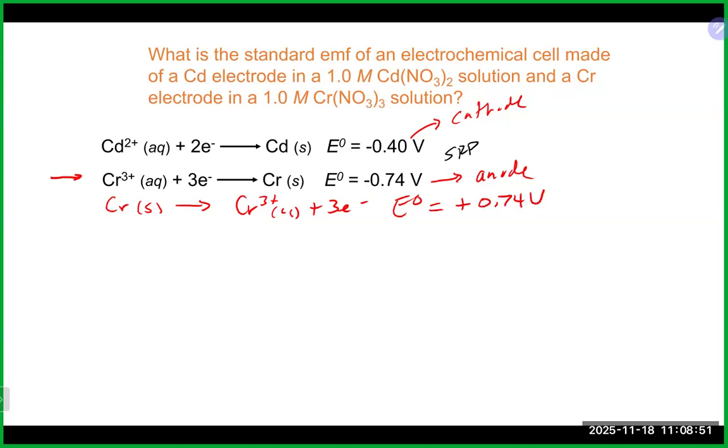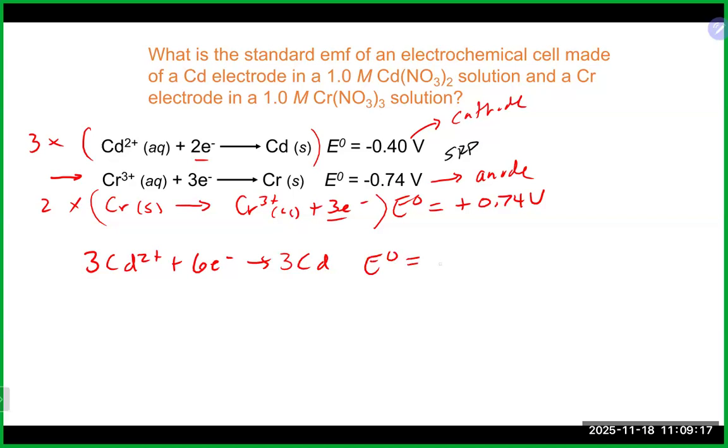And if we wanted the overall reaction, we could add these together, but we do have different numbers of electrons there. So technically, we would need to multiply the top one by 3, and we would need to multiply the bottom reaction by 2. So I'm just going to rewrite that underneath. That's going to give me 3Cd2+ plus 6 electrons gives me 3Cd.